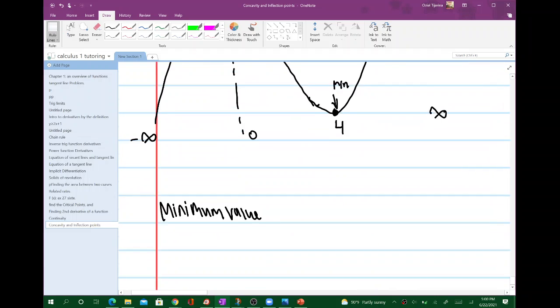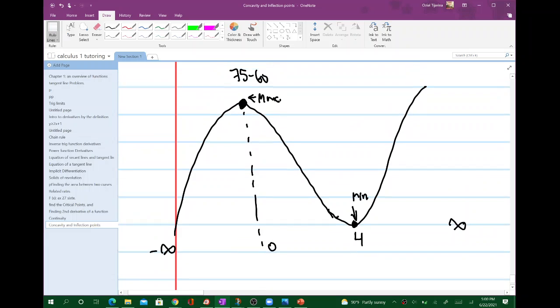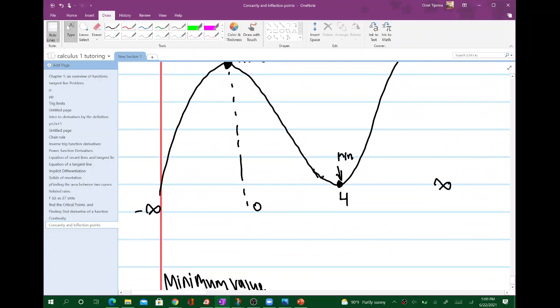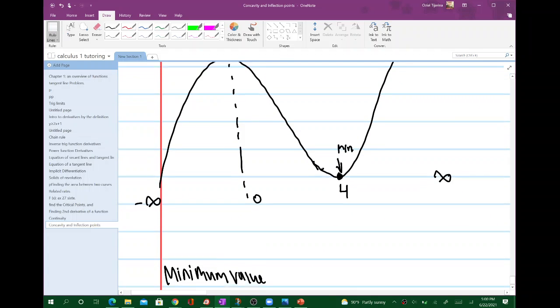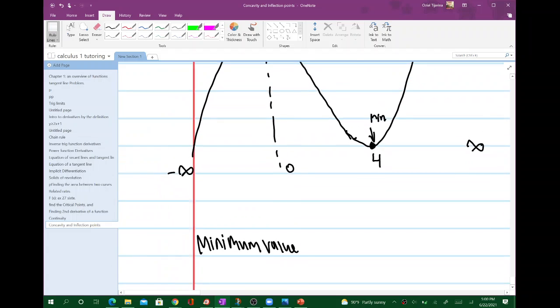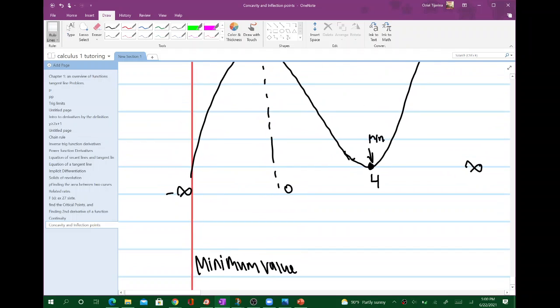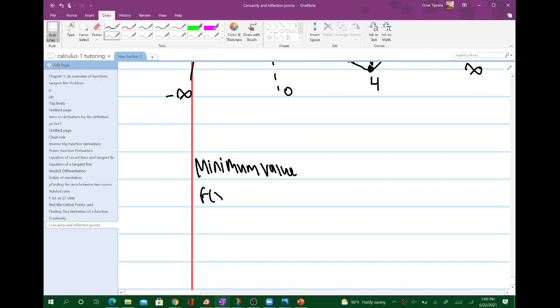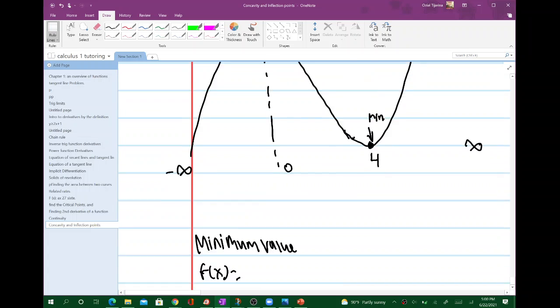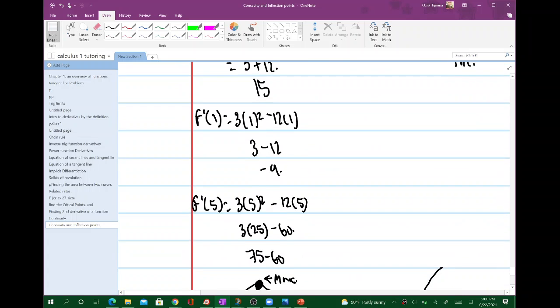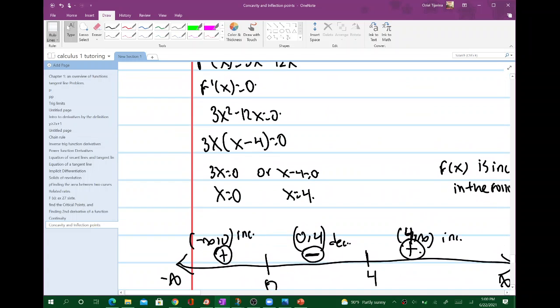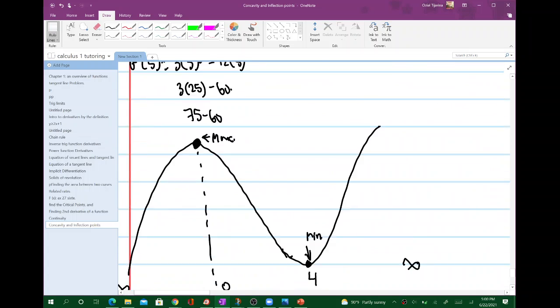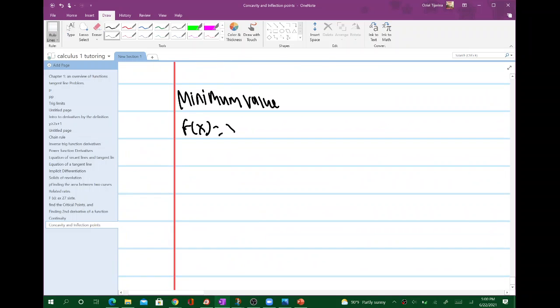Because we know the critical points are at x equals 0 and x equals 4, we're going to plug that in for f of x. So writing down again the function f of x, we have f of x equals x cubed minus 6x squared, right?